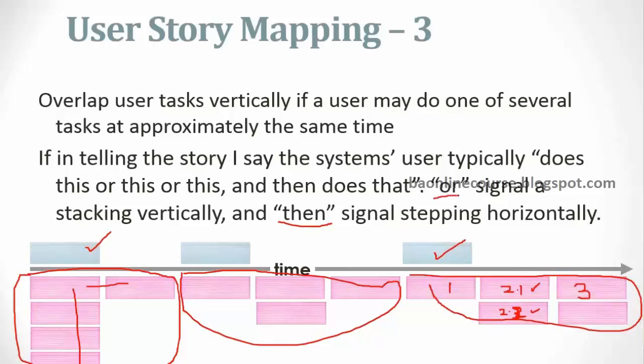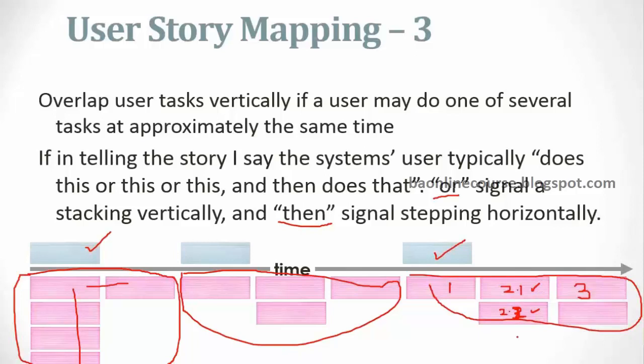So OR is a keyword, which means this step 2 can be done in one of these ways. You don't need to do all of them. It's only one of them which you will use, which are vertically stacked. Okay, so you understand this logic? The vertical ones are not happening at the same time. You can do this task in one of these ways.